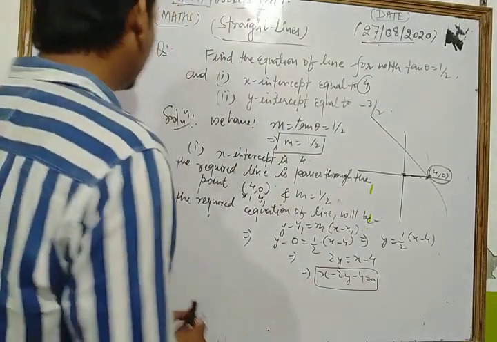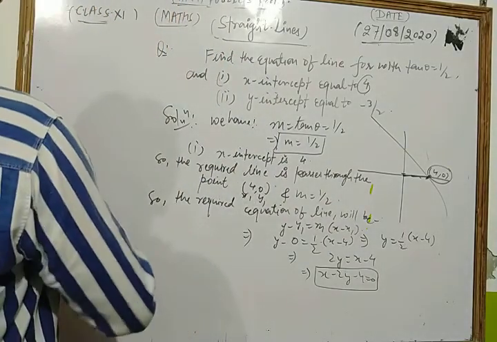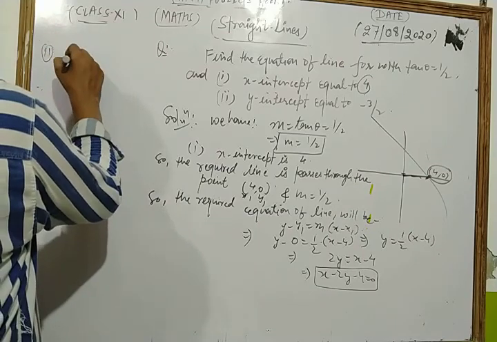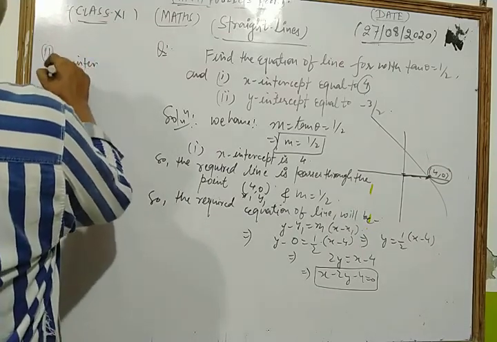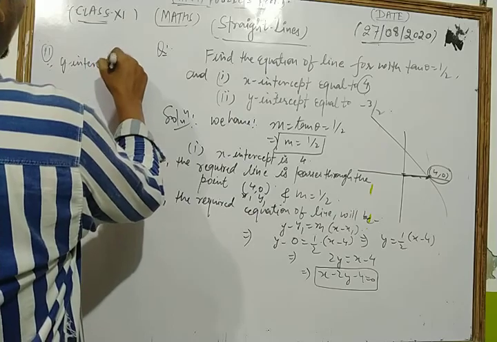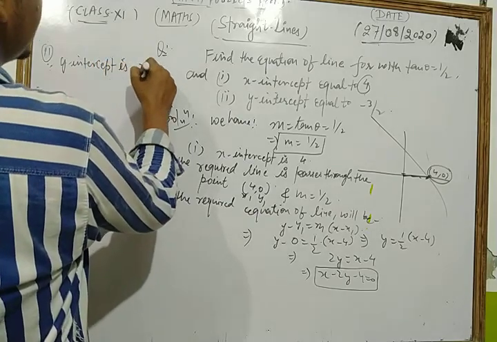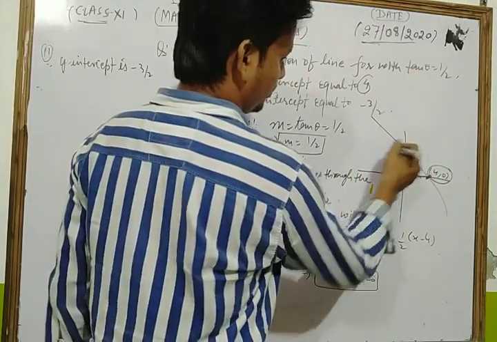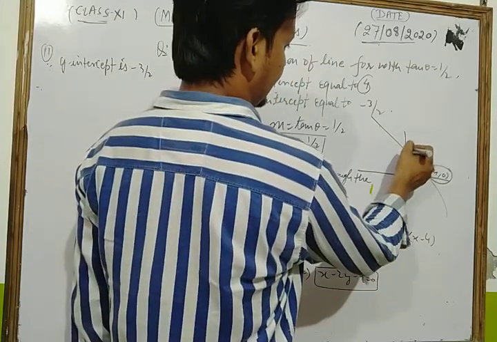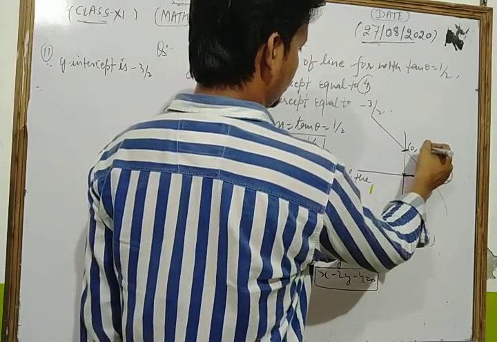Now we take the second part of this question. Your second part is what? Y-intercept is given as minus 3 by 2. This means the coordinate is 0 and minus 3 by 2.